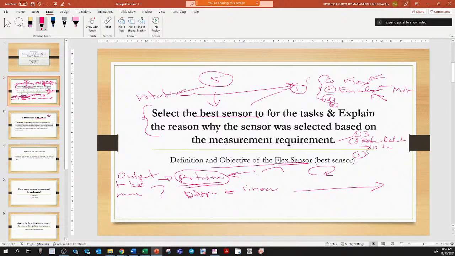Based on this reference, sensor 1, 2, and 3. Of course you are going to select the best sensor based on the advantages. Ada banyak lagi bagus, so you are going to choose that type of sensor.